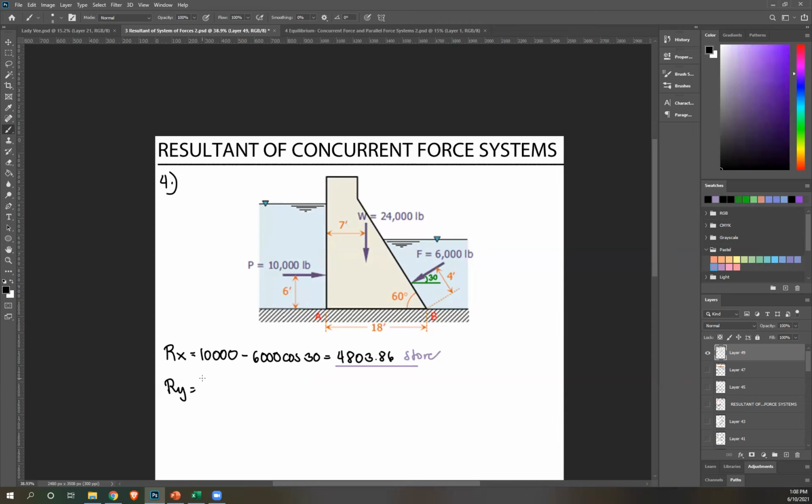Next, Ry. No Y component, downward, negative 24,000. Downward, negative 6,000 sine 30. Please solve. Correct, negative 27,000. Very good.